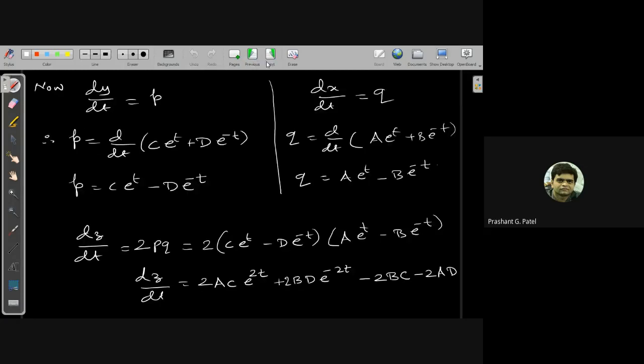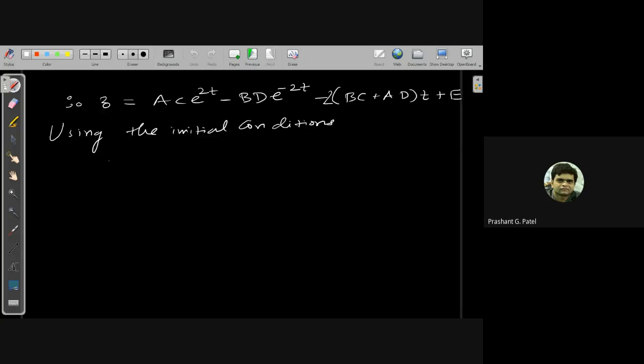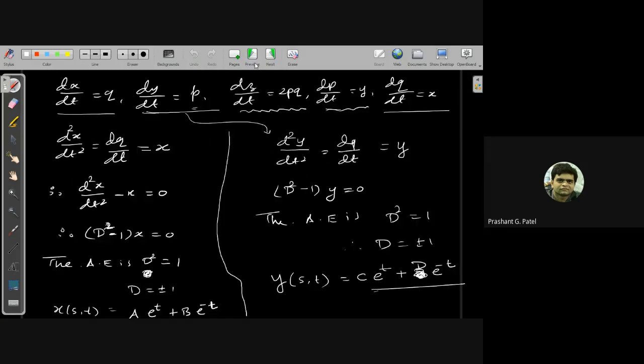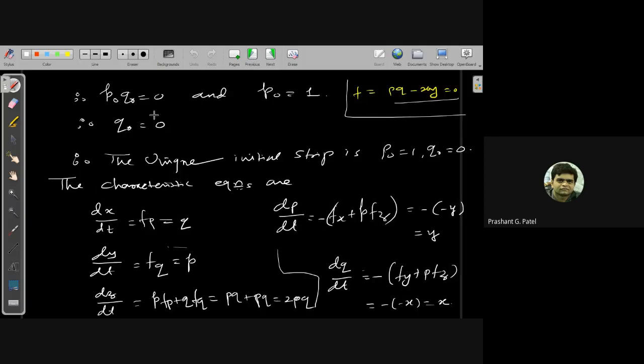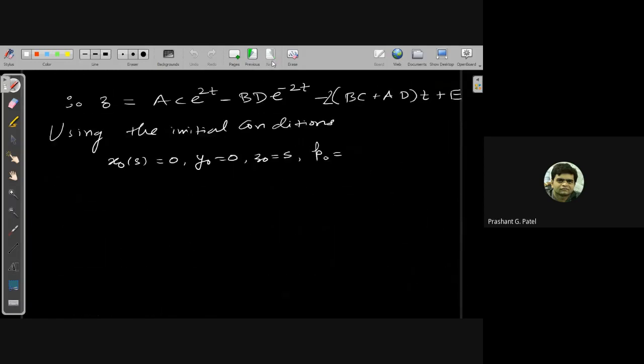The initial conditions given are x0 is s, y0 is 0, z0 is s, and p0 we have got as 1, and q0 is 0. This is the initial state. Let us use this one.